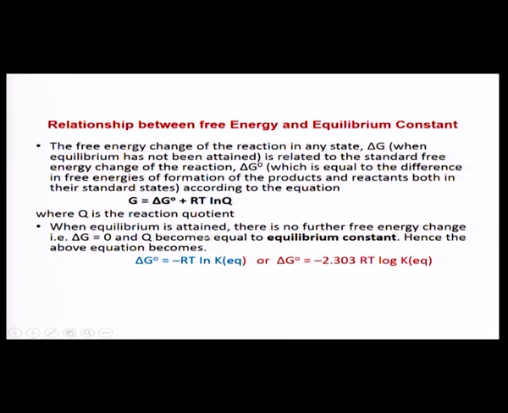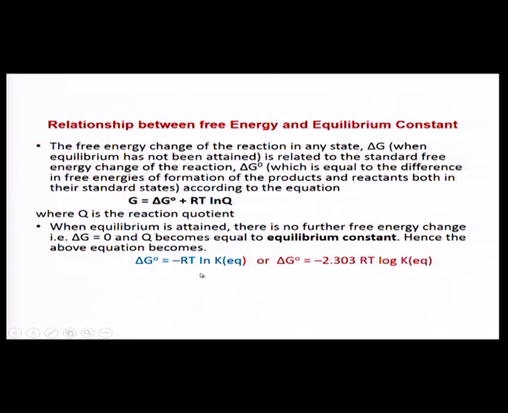When equilibrium is attained, there are no further energy changes, that is, the delta G value is 0 and the equilibrium constant value is 1, hence the above equation becomes simplified. The previous equation reduces to this form, and thus delta G naught is nothing but minus 2.303 RT log K, where K is the equilibrium constant for the chemical reaction.